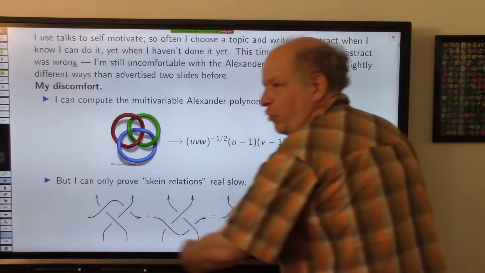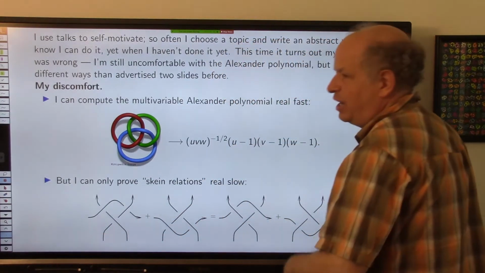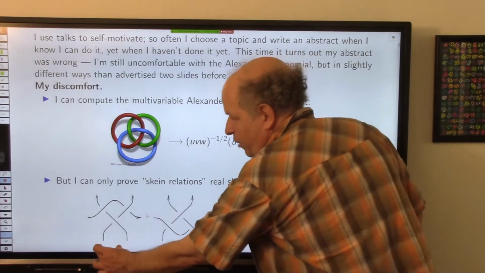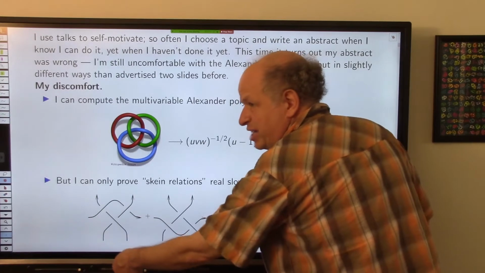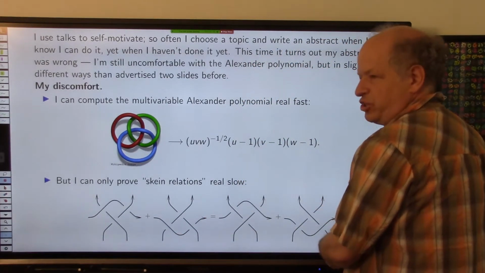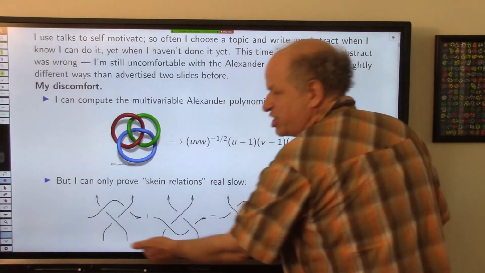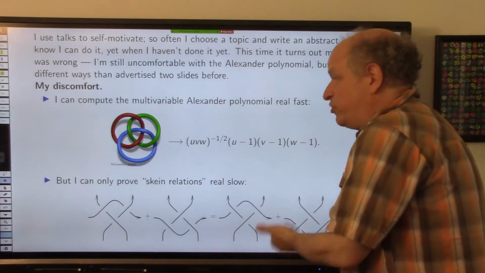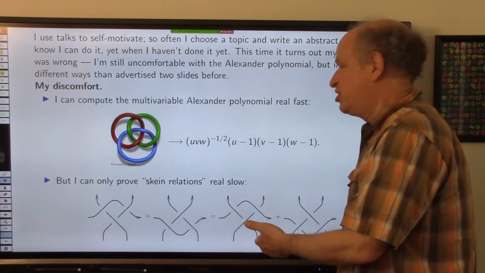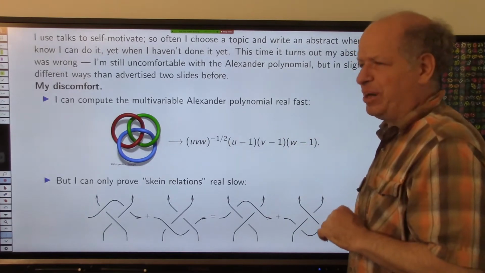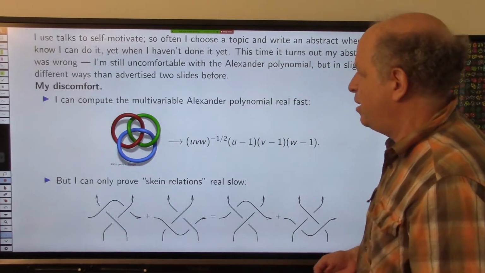So you will get 4 different links. And the claim is that the multivariable Alexander polynomial of the first 2, when you sum them, gives the sum of the invariants of the last 2. This is the equation written schematically down below here. So I can prove such relations completely systematically, but only slowly. So I'm a bit uncomfortable about it. You'll see what I mean a bit later.